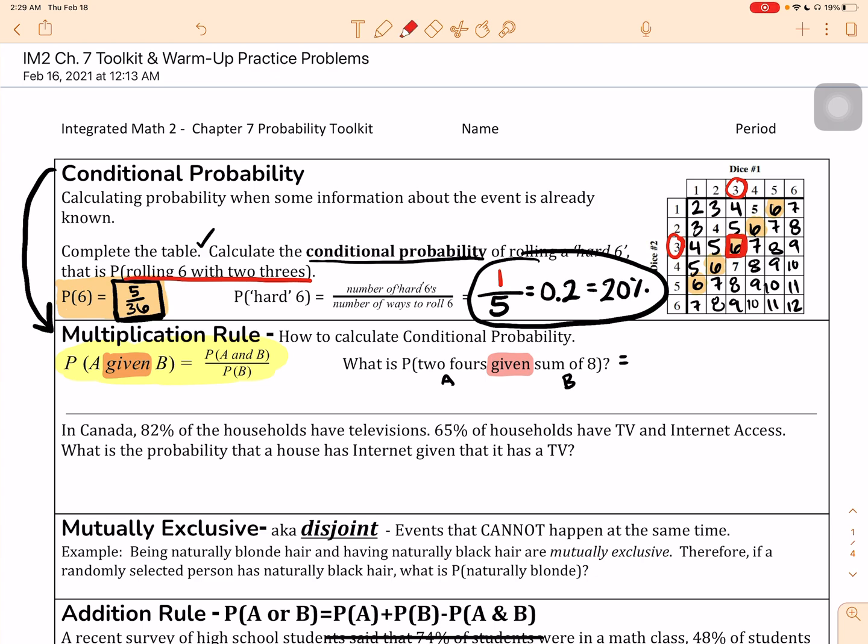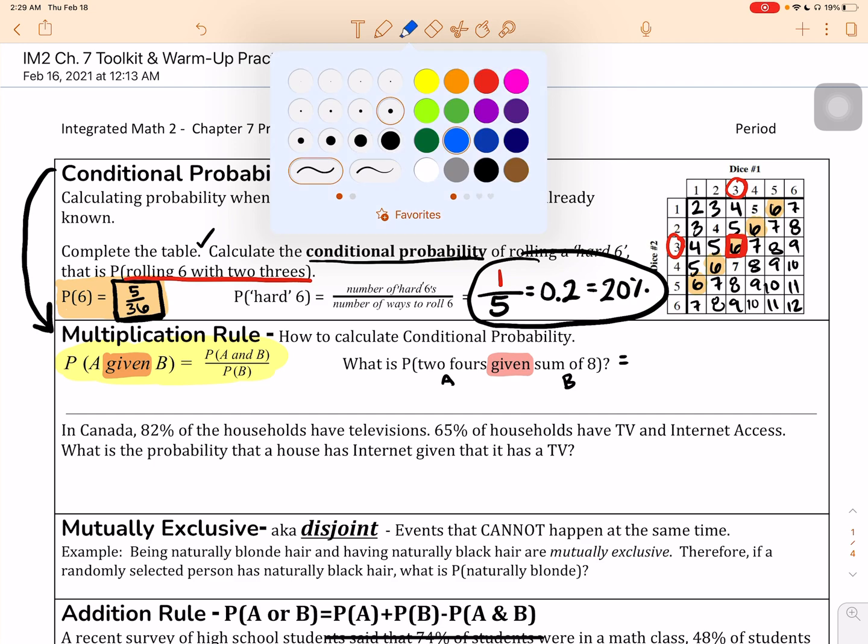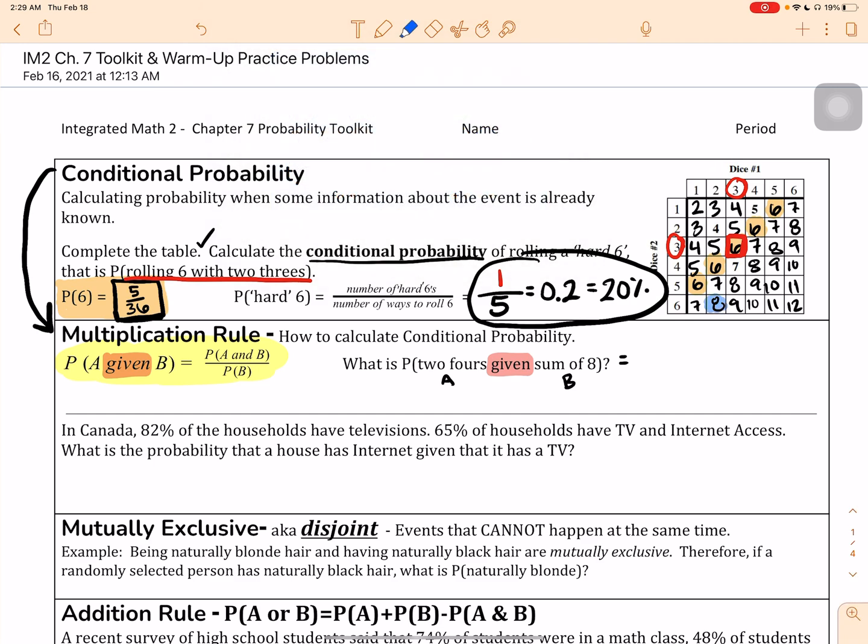So let's look at all of our sums of 8. It looks like I have 1, 2, 3, 4, 5. So I have 5 sums of 8. How many of those are a hard 4? 4 plus 4 would be right here in the middle.